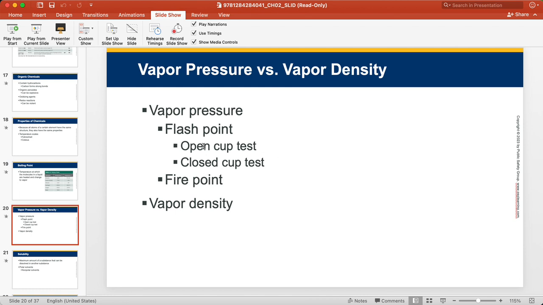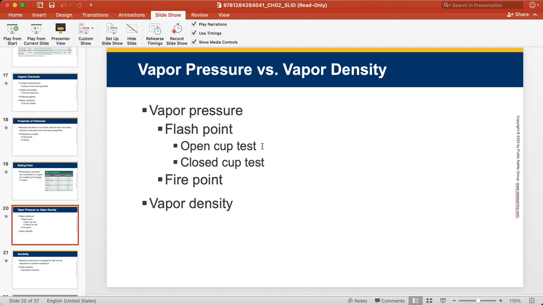The open cup test is a scientific test to determine the flash point and fire point of any given liquid material that's either flammable or combustible. When we say flammable, that doesn't mean everything, right? Anything that has a flash point and fire point below 100 degrees Fahrenheit is considered flammable.